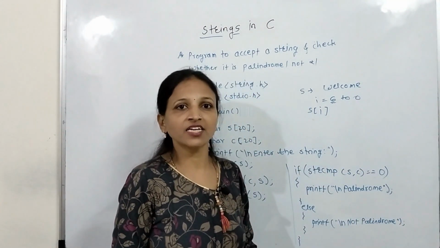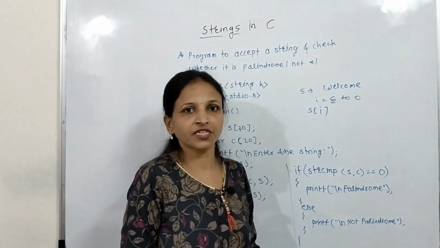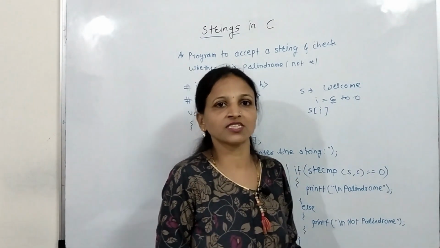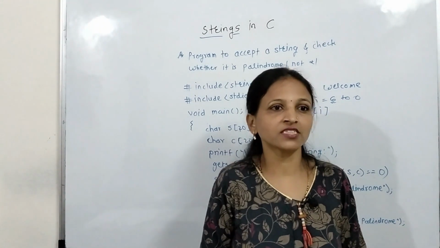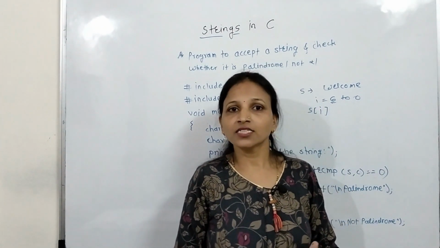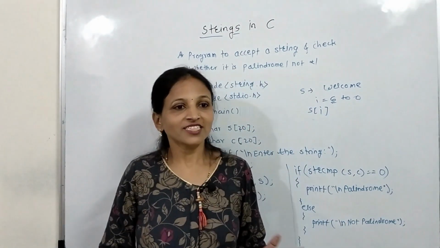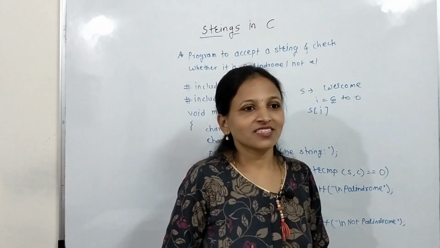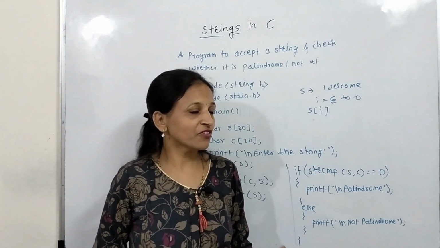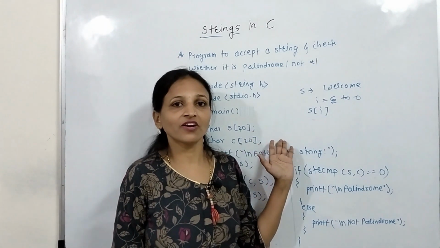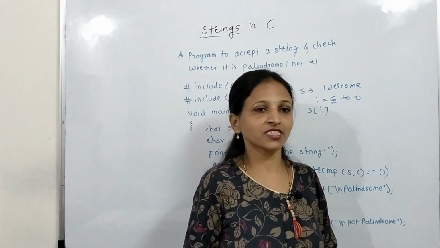Like strlen you can use for getting the length of a string, strcmp to compare two strings, strrev to reverse the string, strcat to concatenate strings. These are multiple functions available in the string.h header file that you can use for string operations.